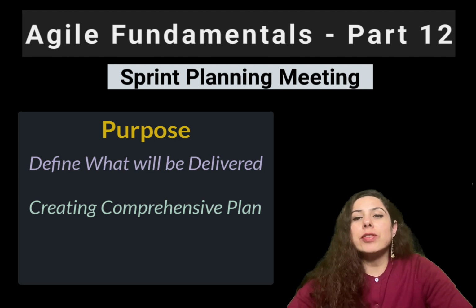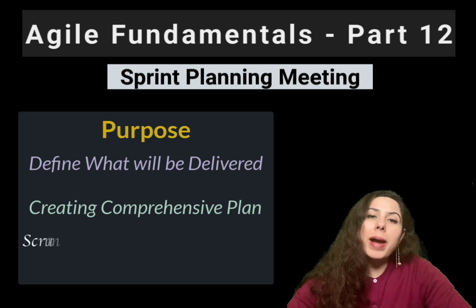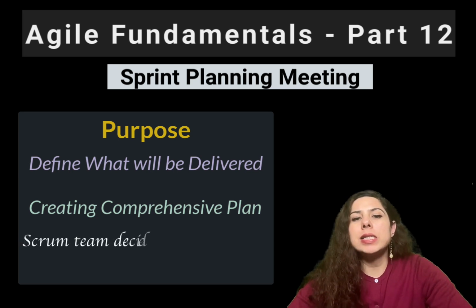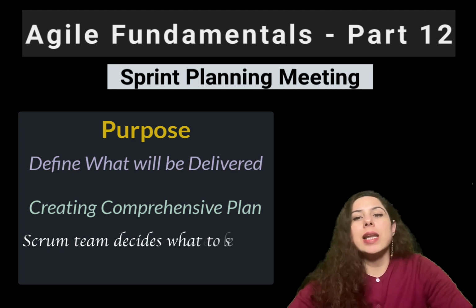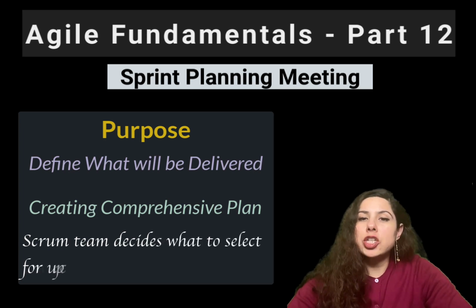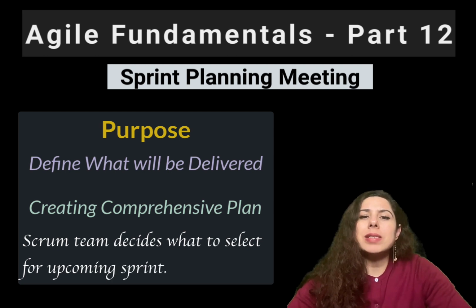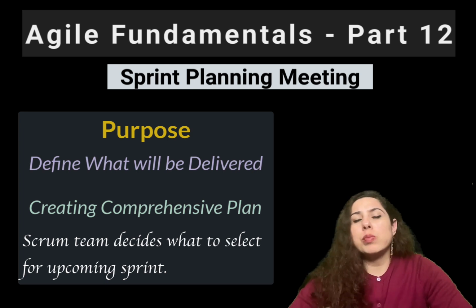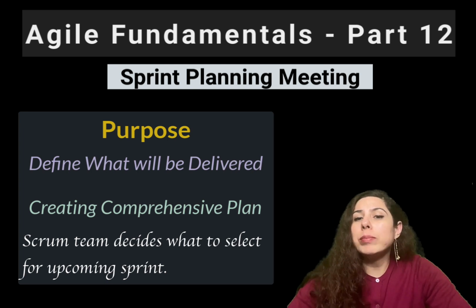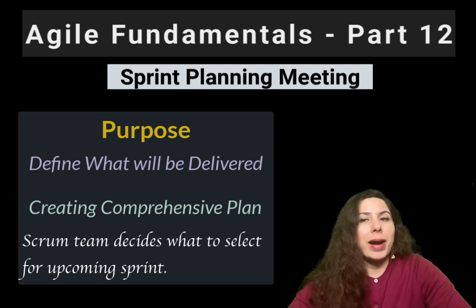Their collective responsibility is to carefully select items from the product backlog that will find their place in the sprint. This selection process involves discussion about various user stories, bugs, technical tasks, and other work items that will comprise the sprint backlog. Now, you might be wondering what exactly is a sprint backlog.